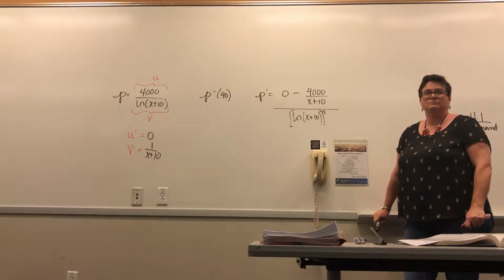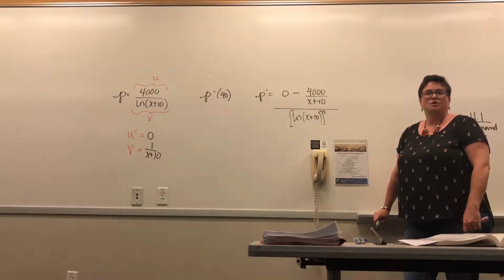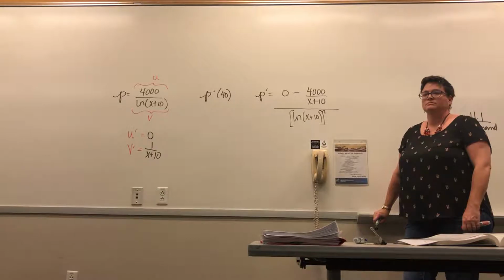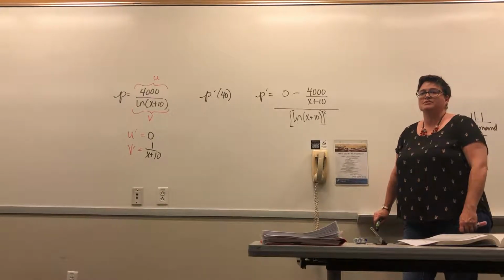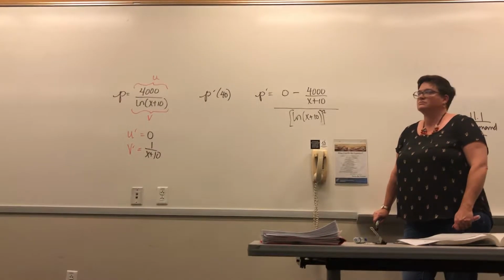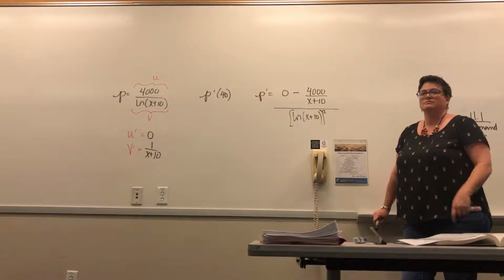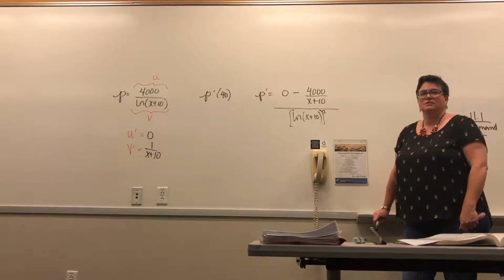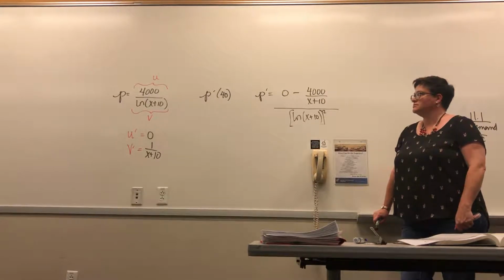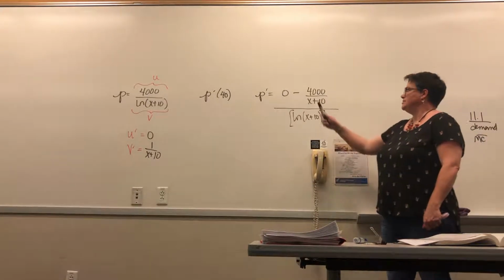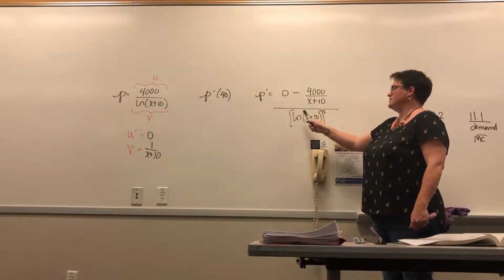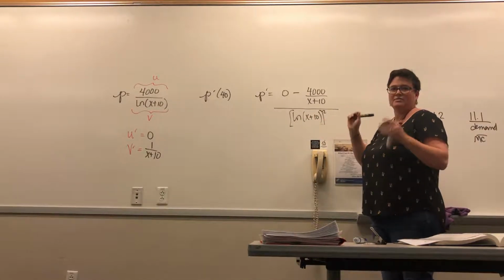Questions? Who overthought it? You can do that. Just put 40 in the x. So it'd be the same thing over 50. Negative 4,000 over 50 divided by the natural log of 50 quantity squared.